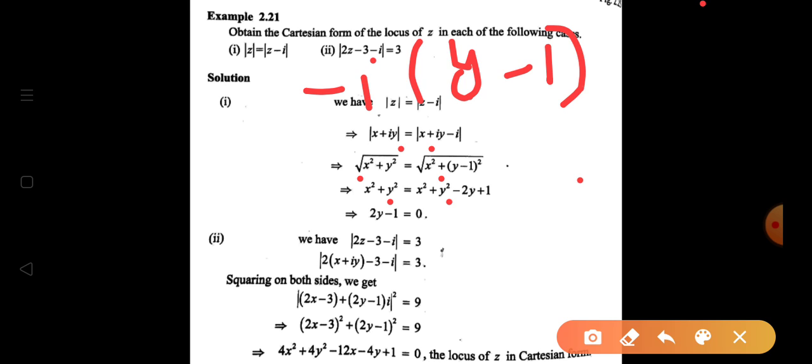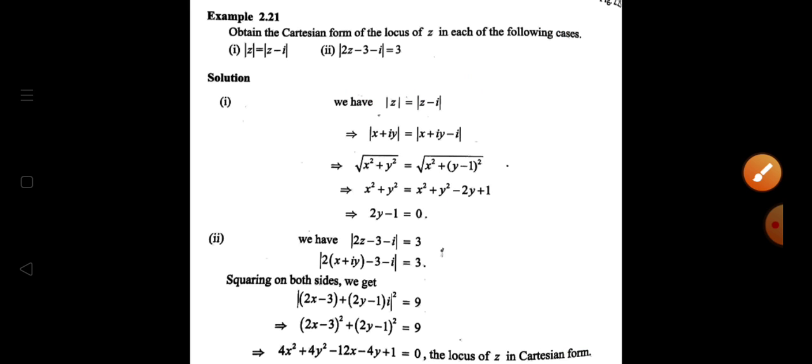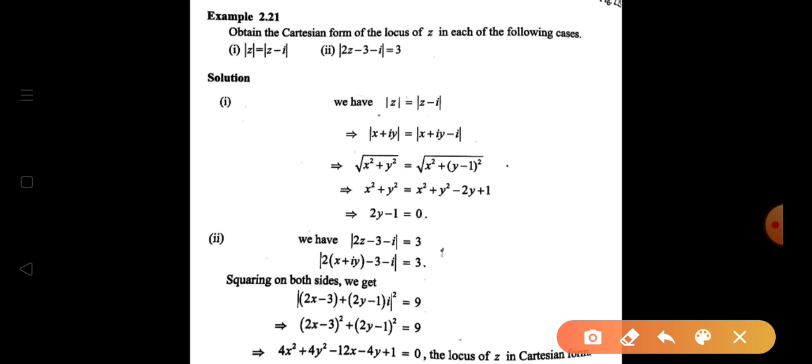We expand this. What is the formula? Algebraic formula. Yes, very good. A minus b whole square formula. Now here we are applying the a minus b whole square formula. We get y square minus 2y plus 1. Now we cancel x square plus y square on both sides. x square cancelled and similarly y square also cancelled.